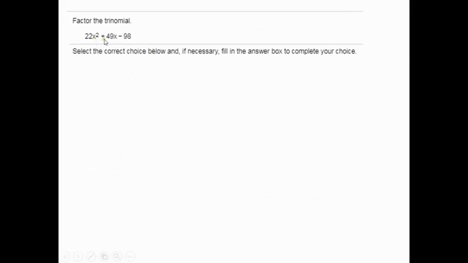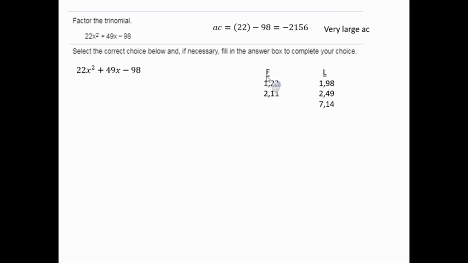So now we have 22x squared plus 49x minus 98. We calculate AC. Notice we got 2,156, a very large AC. So what I do is I look at the factors of the first, factors of the last, list my factors of the first, list my factors of the last.